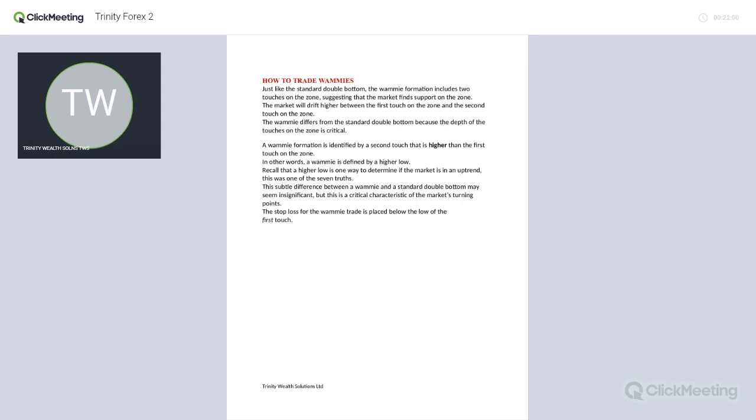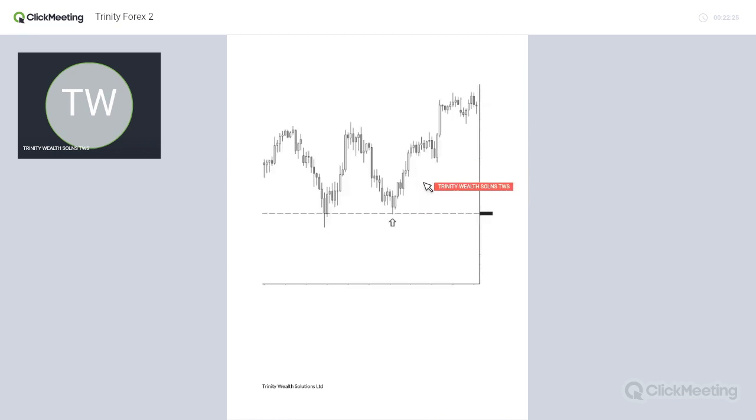The only difference is that the second bottom is slightly higher than the first one, which gives us a higher probability of our expectation of a bullish market playing out than a standard double bottom, where the two bottoms are on the same line. And we have an illustration there of a WOMI.